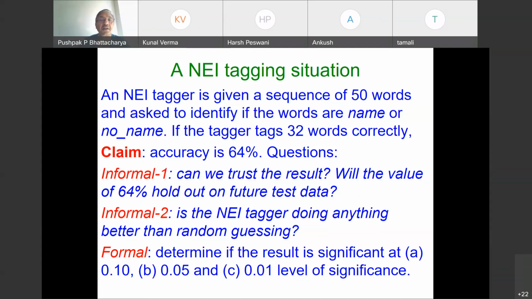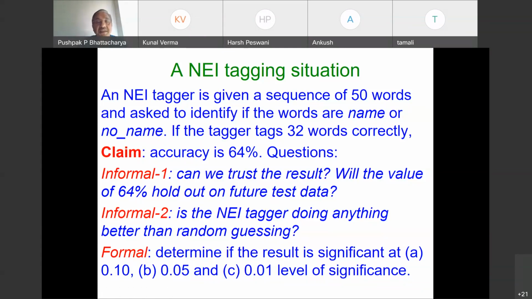Disconnect and reconnect. Okay, so this assignment is something the CS626 class is working on now, and we have created a named entity identifier. It has been given 50 words, and 32 words out of those 50 have been tagged correctly. Now, based on this, we claim that the accuracy of the system is 64%.